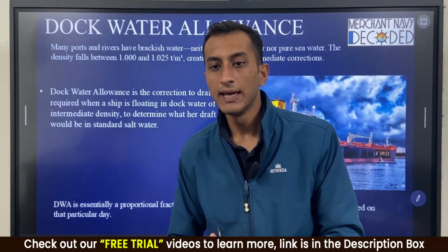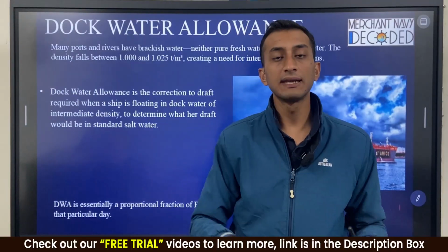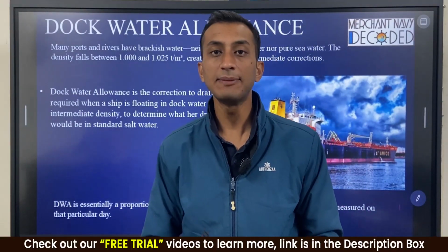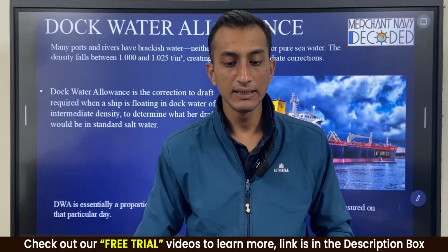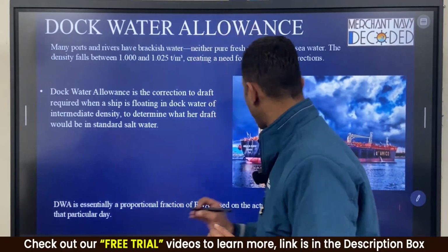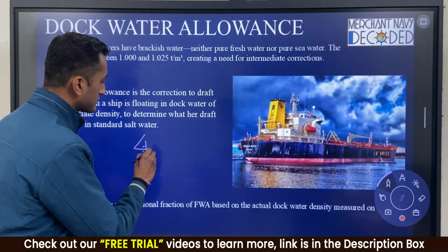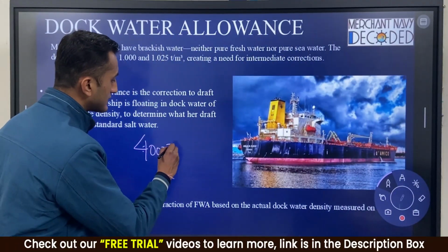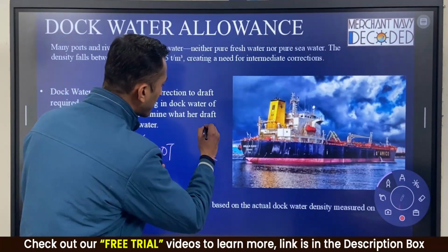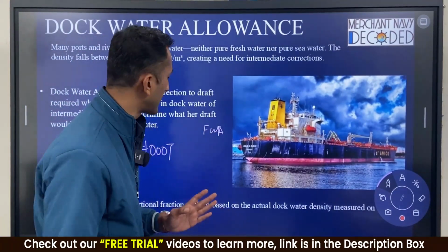The FWA is given in the stability booklet of a ship, but the dock water allowance, that is the DWA, is not given in the ship's booklet. For a ship of, say, 4,000 tons displacement, she will have one type of freshwater allowance, a fixed, calculated value.